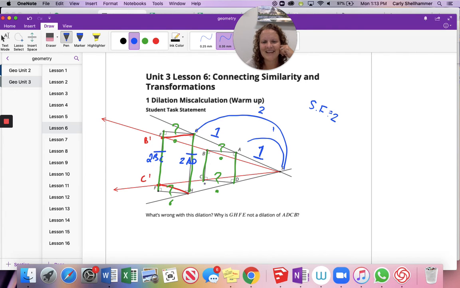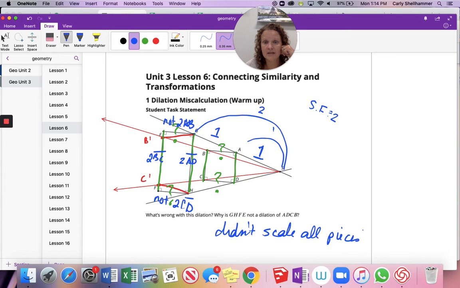But FH is not twice CD, and EG, I think, is not twice AB. So they didn't scale all the pieces and parts.